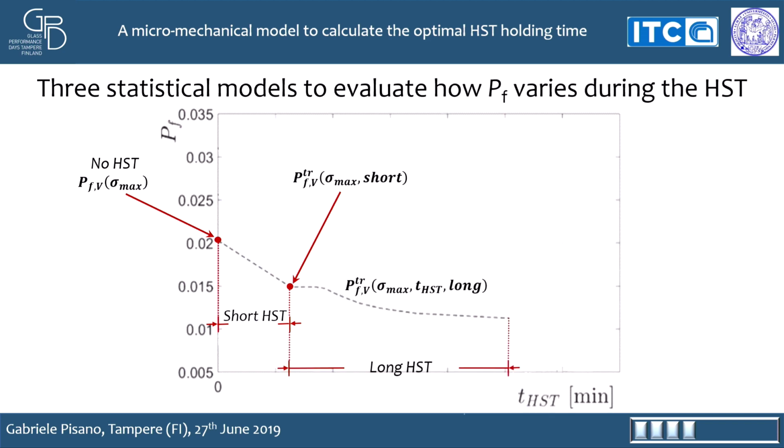And then the failure probability decreases with the time of the heat-soak test according to the formula for long heat-soak test. You can notice that after the first red point, we have a horizontal line. Here we have that the near stoichiometric inclusions are fully transformed, while the over-stoichiometric inclusions are partially transformed, not still in contact with glass. That is why here the failure probability is constant and then decreases.